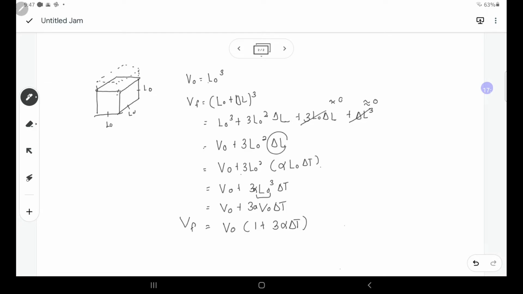So this is the equation. You can calculate the final volume when you give a change of temperature.